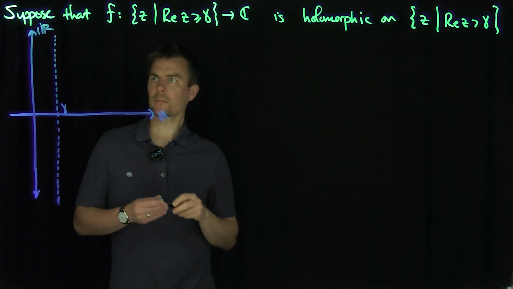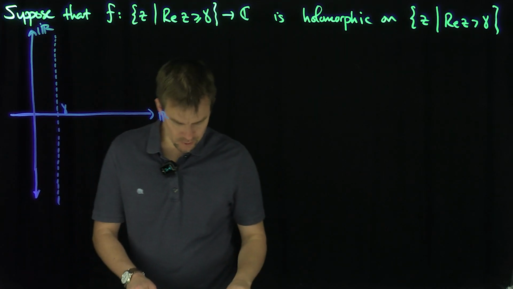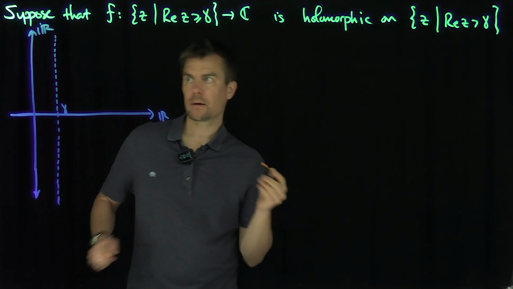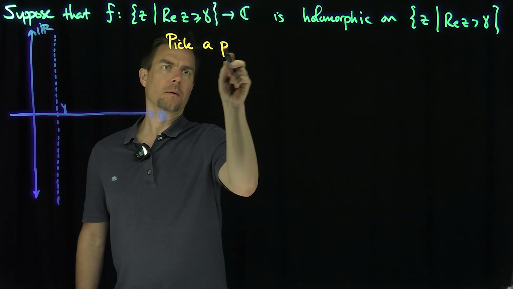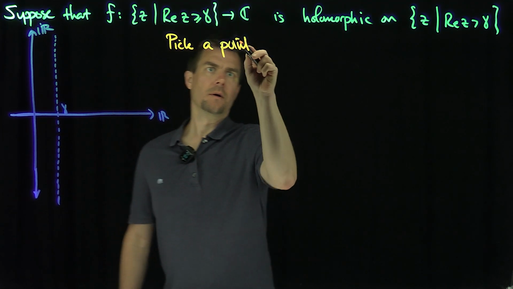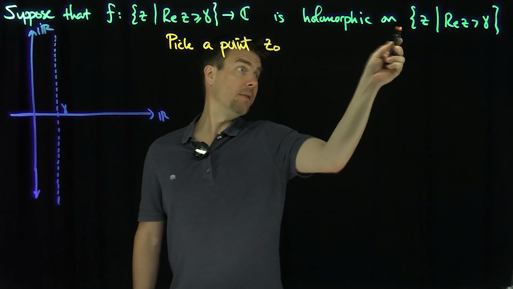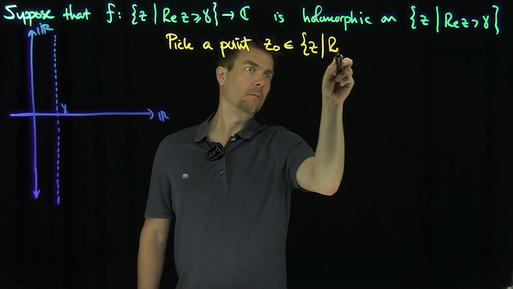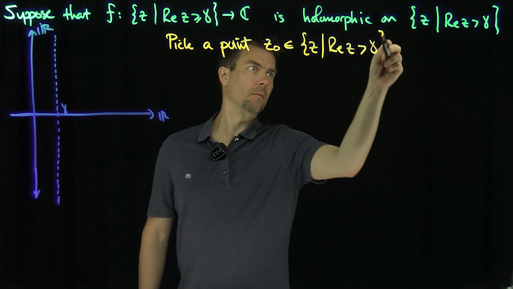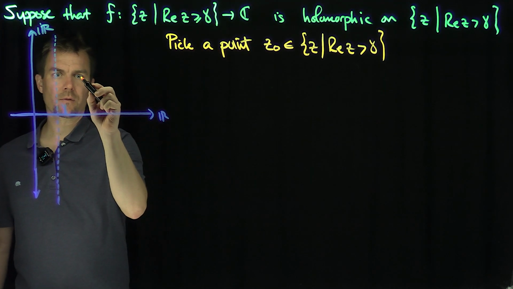Excellent. And so what I'm going to do now is pick a point z0 in this right half plane, which means that z0 is somewhere over here.